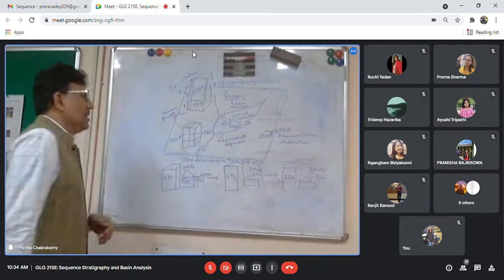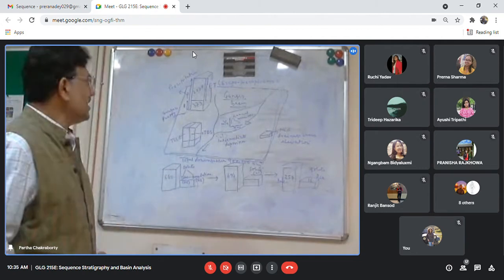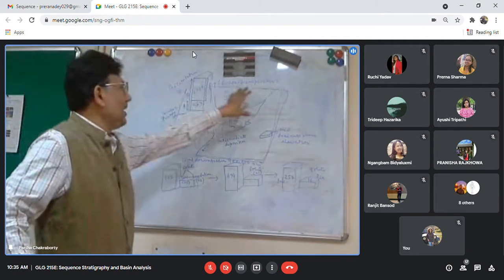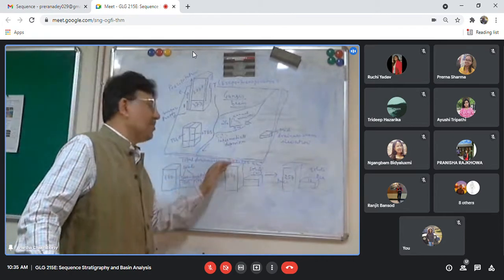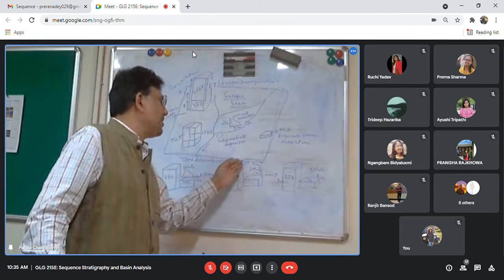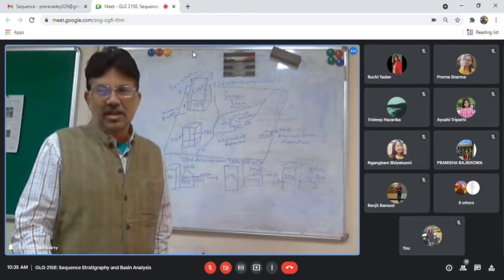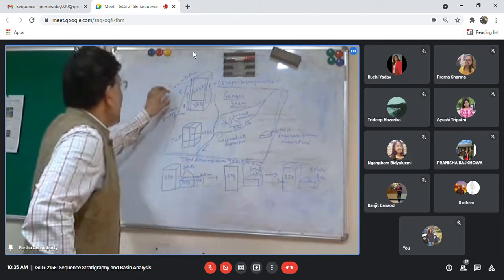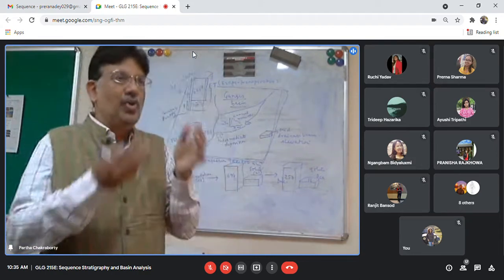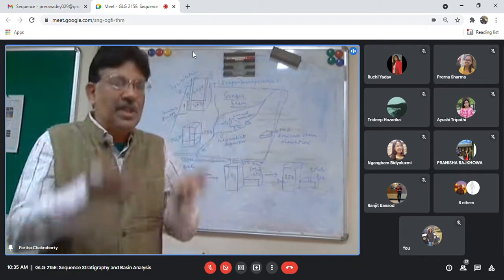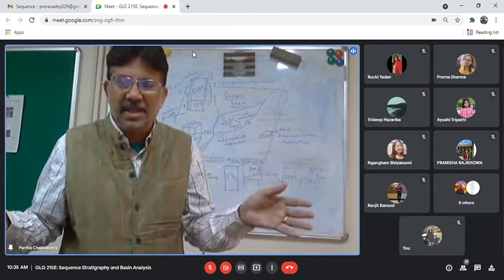So what is basically shown in this figure? In this figure, it is shown that the total drainage area of the Ganges basin is about 980,000 kilometers square. Now, in terms of precipitation, what is the total amount of water the drainage area receives?